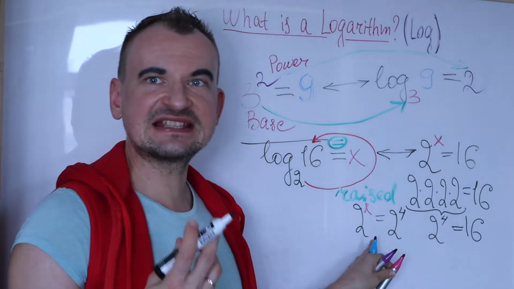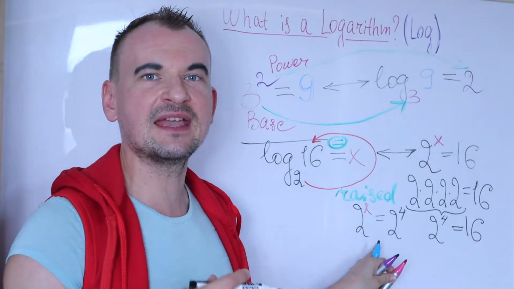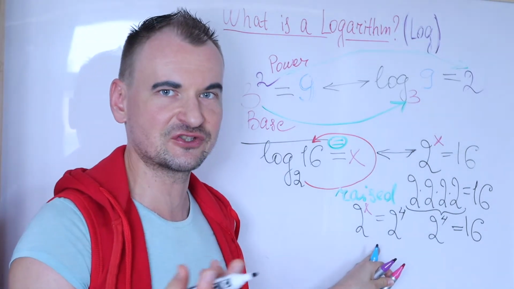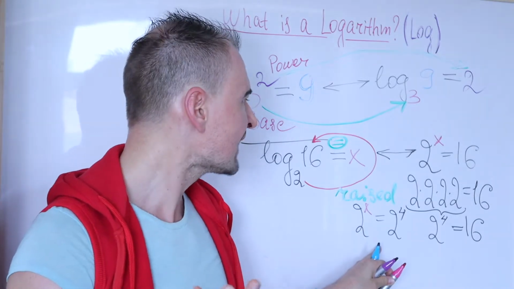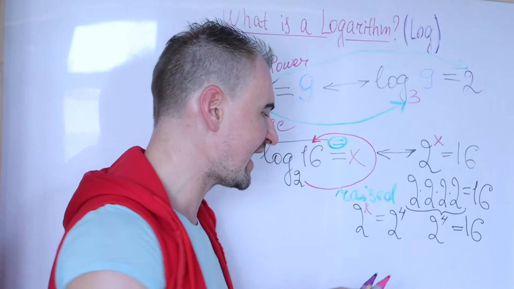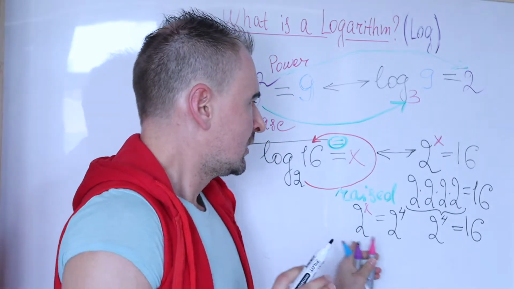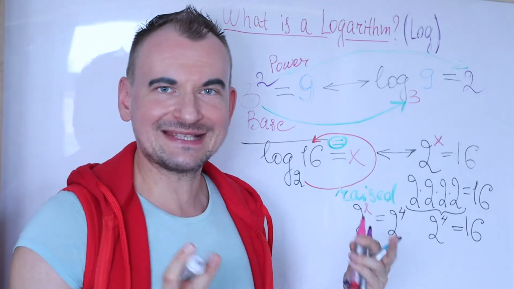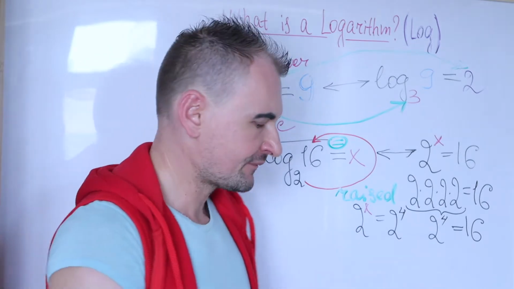And since you have the same base, you could simply leave it behind. So you could drop it off. And all you need to do is just match, compare these pairs from this basic exponential equation.